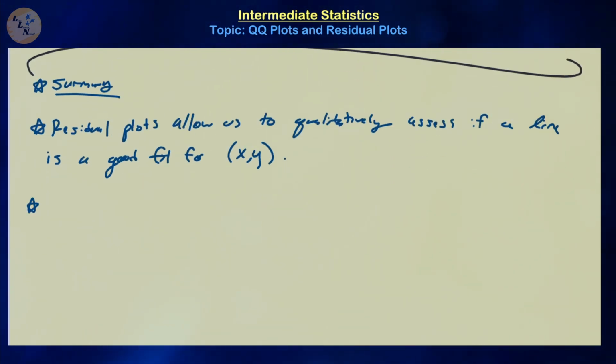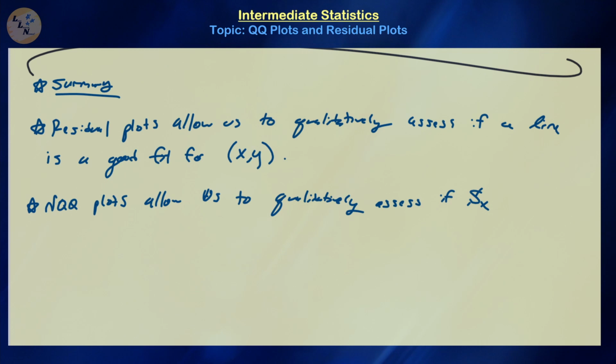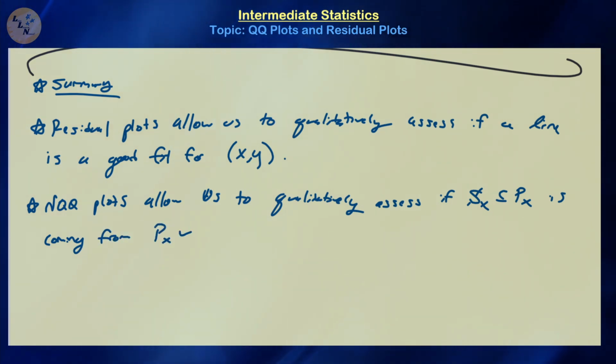Now, in terms of the normal Quantile-Quantile plot, NQQ plots allow us to qualitatively assess if the sample set that we collected from our population, let's call it PX, is coming from a normally distributed data set.